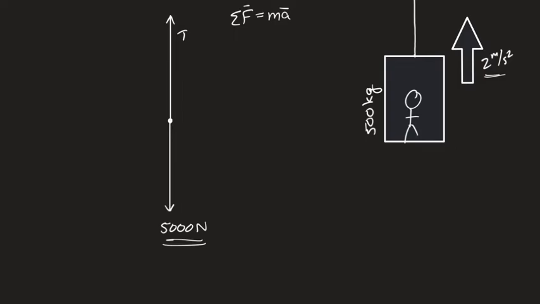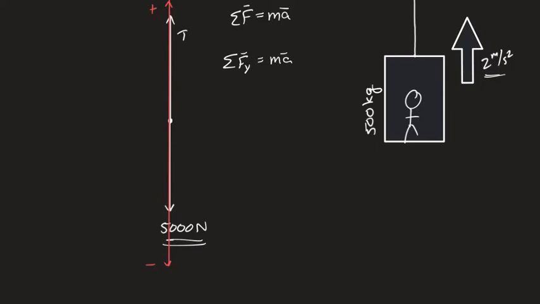Now I know I should move on to the next one, which is to apply a coordinate system. But this is a one-dimensional problem on purpose. I'm trying not to make it too tough yet. So here's my coordinate system. Upwards positive, downwards negative. So from here, net force equals ma. So net force in the y direction equals ma.